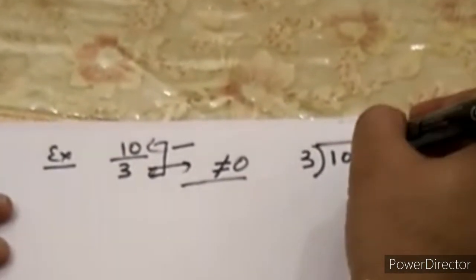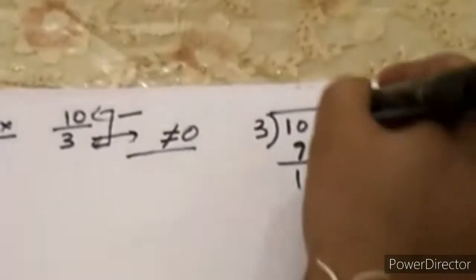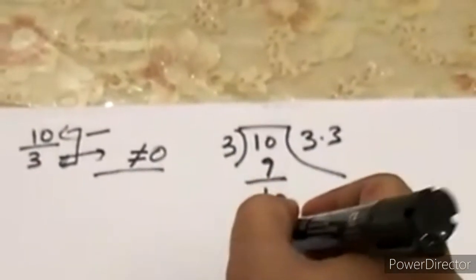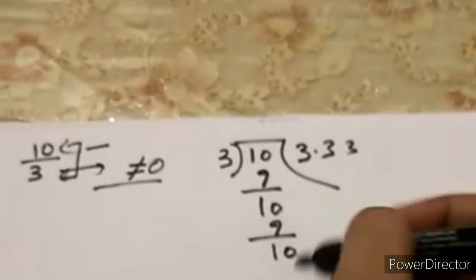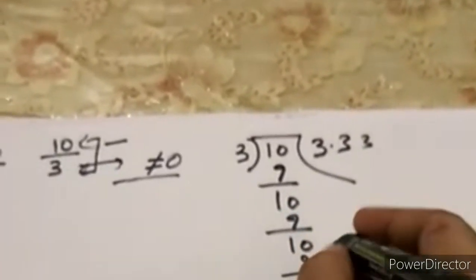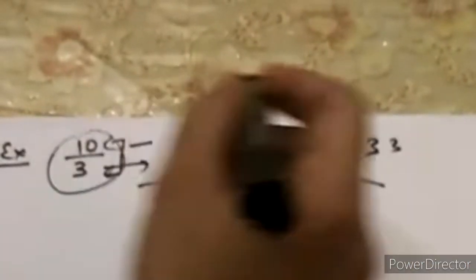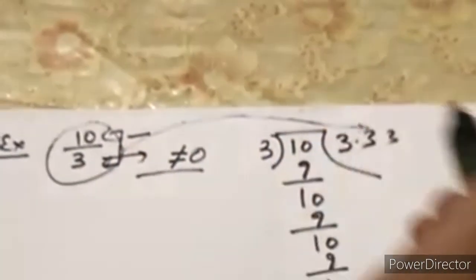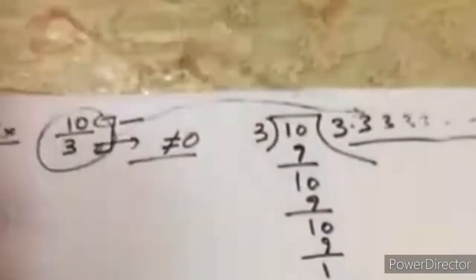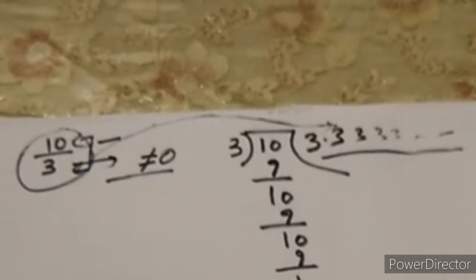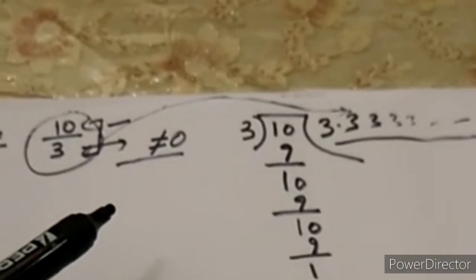If we divide 10 by 3, then what will we get? So here you can see that you got a number which has a decimal with recurrence. Thus, this number is a rational number.